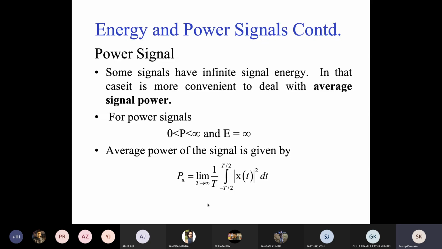Infinity means it is a power signal, right? Yes, sir. So now compute its power P_x, from minus T by 2 to T by 2. Okay.